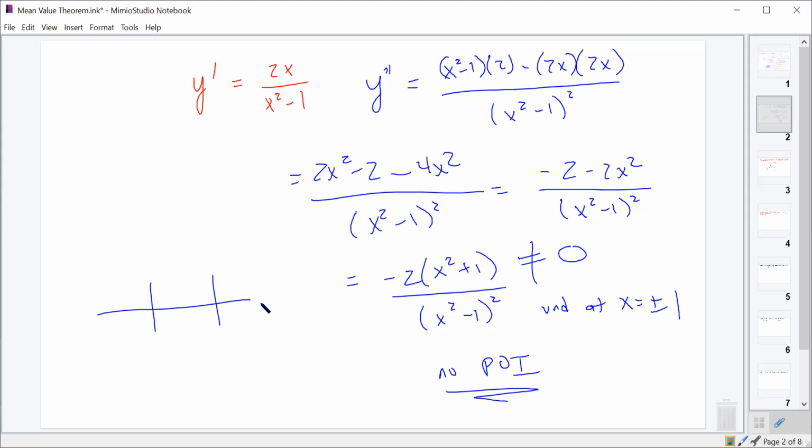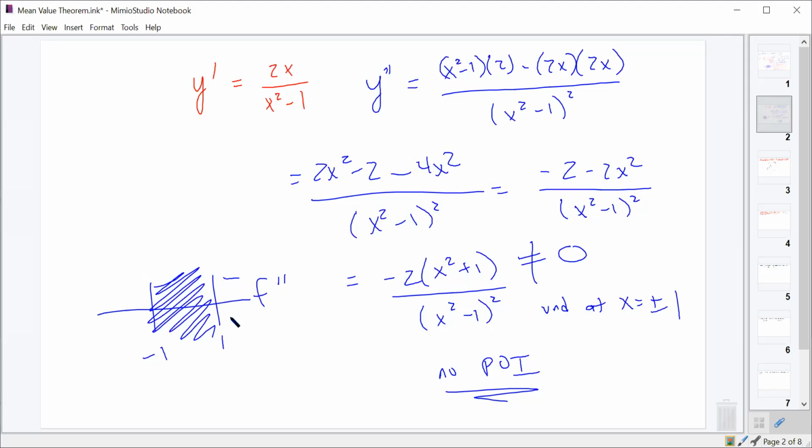And we'll just make a similar sign chart to what we did before, negative 1 and 1, but we'll get rid of all this junk in the middle because our function doesn't exist there. And we'll see if our function's concave up or concave down on either side of it. It could be one on one side and the other on the other, or both concave up or both concave down. So we plug in a positive number like 1,000. Our numerator is definitely positive times a negative, so definitely a negative. And our denominator, which is squared, is always going to be positive.